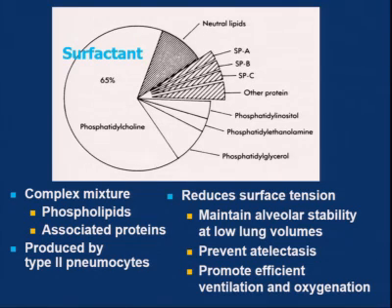Importantly, in recent years, about 15, 20 years, people have elucidated the importance of the proteins, especially protein B and protein C, which are essential for survival, especially protein B. Protein SP-A is an immunomodulator, and its deficiency in humans has not been described, but in animals, if you don't have SP-A or SP-D, which is not on this slide, there's a tendency to have more infections, and it's almost like a lung immunodeficiency.